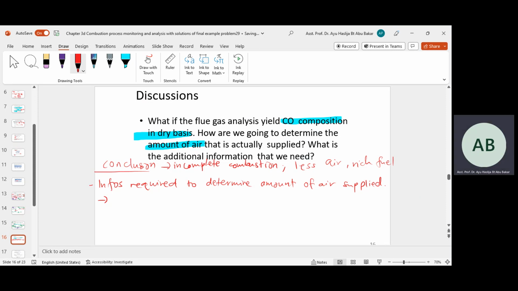What are the inputs that you require in order to calculate? Type of fuel. Why do you think you need type of fuel?